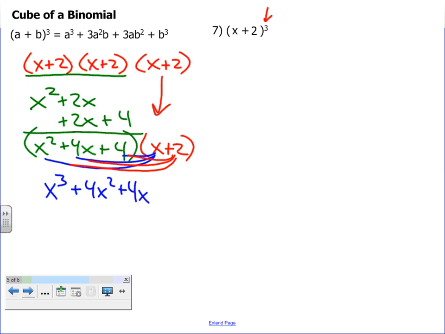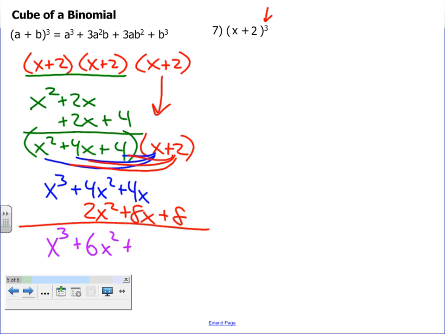So all I'm doing is multiplying from the back. No big difference. So 2x squared, I'm going to the x squared column, plus 8x plus 8. And again, everything is combined, and we can simply have a final answer. Write down your terms. 4 and 2 makes 6x squared plus 12x plus 8. So that is that expression multiplied out to that polynomial.